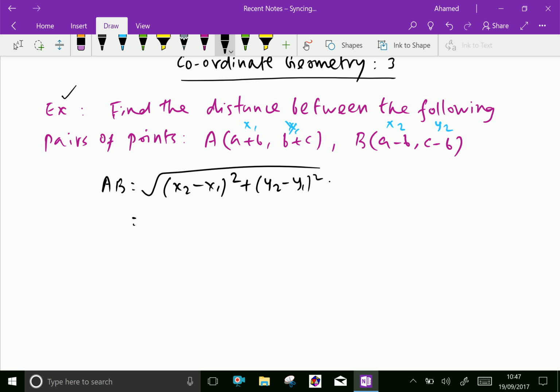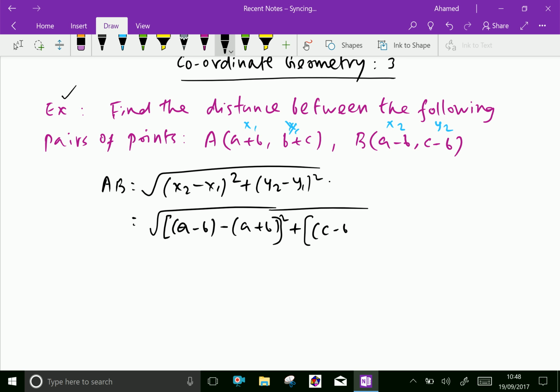Here x2 is a minus b, minus x1 which is a plus b, whole square, plus y2 minus y1. y2 is c minus b, minus (b plus c), whole square.